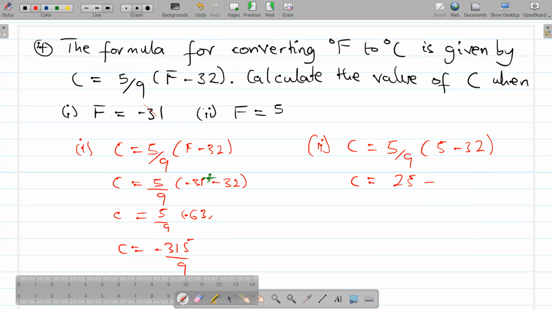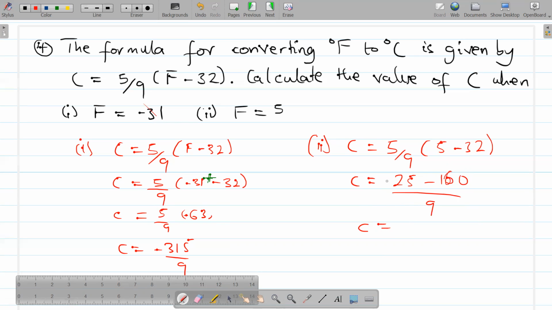Then I got 160. Over 9. 25 minus 160 is going to give me 135.